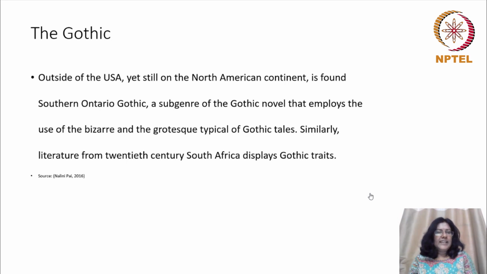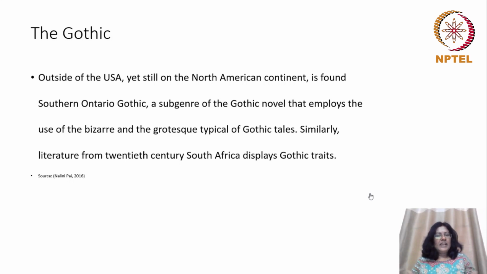Outside of the United States, yet still on the North American continent, is found Southern Ontario Gothic. So we have the Southern Gothic, which talks about the Gothic produced in the southern states of the United States of America. But we have here Southern Ontario Gothic, a subgenre of the Gothic novel that employs the use of the bizarre and the grotesque typical of Gothic tales. Similarly, literature from 20th century South Africa displays Gothic traits.